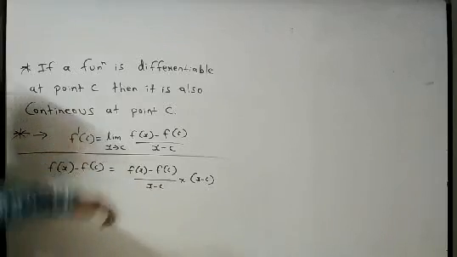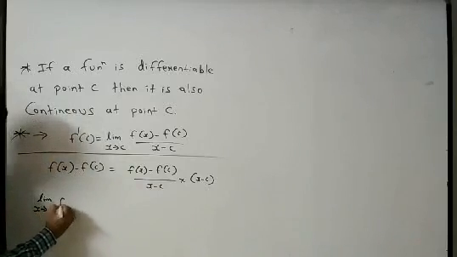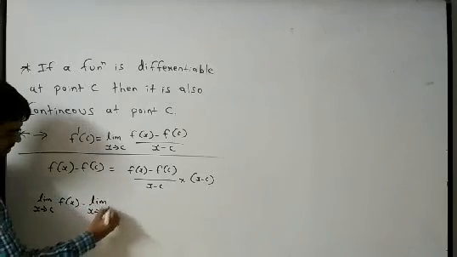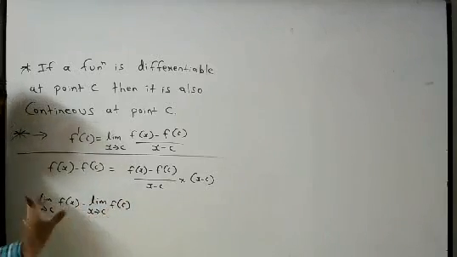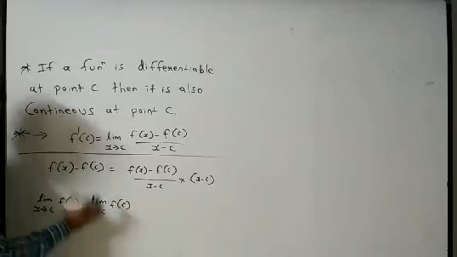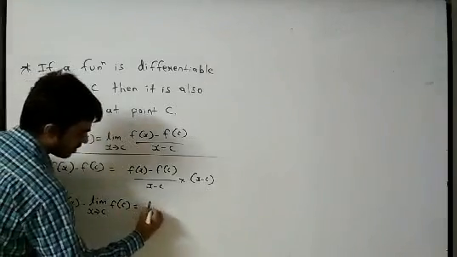Now let us apply limit on both the sides. Limit x tends to c, f of x minus limit x tends to c, f of c. See what I have done, I have applied the limit to f of x and f of c. You can also write this in a bracket with the limit outside. Both are the same.